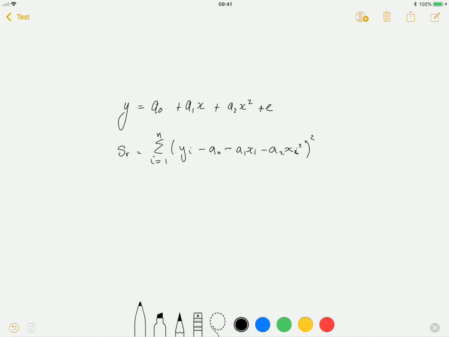So if we use the procedure from the previous method, we can calculate the derivatives of the sum of squares of the residual with respect to each coefficient.